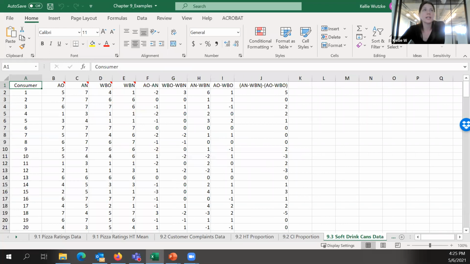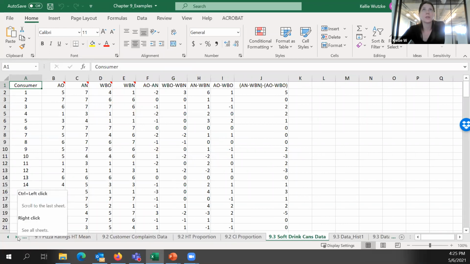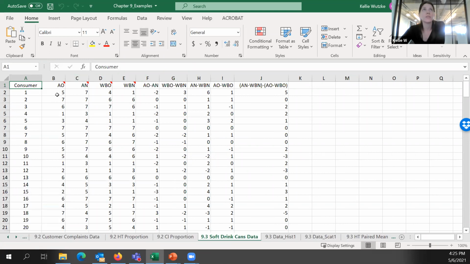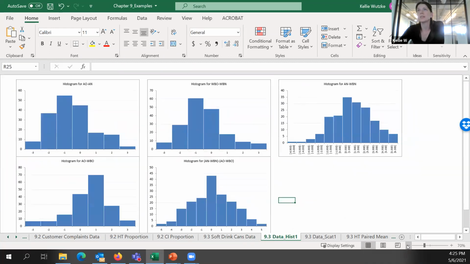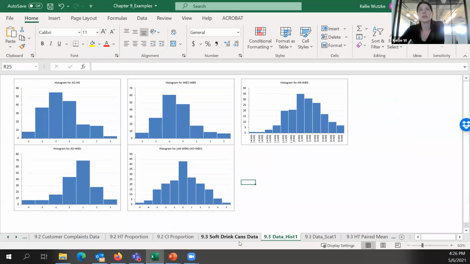Okay, so here's our data. We have each customer, and then we have their ratings, and then we have the differences between the ratings. The first thing they did was draw up some histograms to look at their data and how it's distributed.